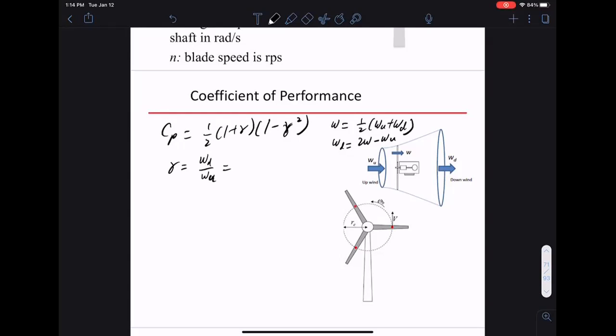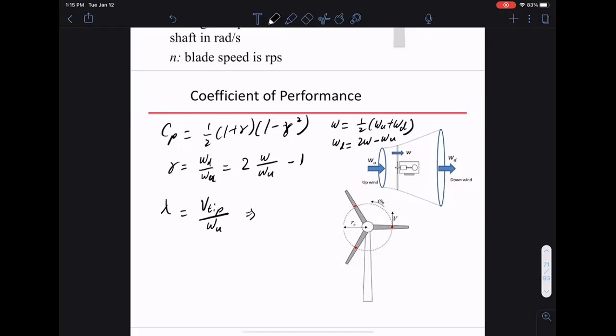Substituting that in, I get gamma is 2 times W over WU minus 1. Lambda is the tip speed divided by the incoming wind speed, the upstream wind speed, the upwind speed.